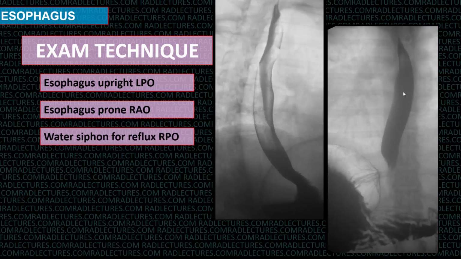And reflux is checked with the water siphon test in the RPO position, with the patient lying supine on their back. You ask them to start turning towards their right side as they drink water. And as they drink water, if there is reflux, the barium will come up.